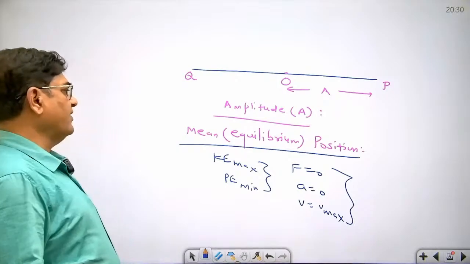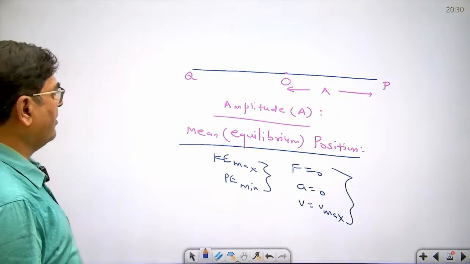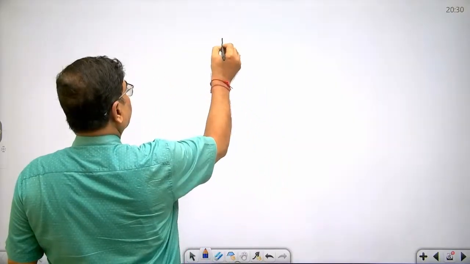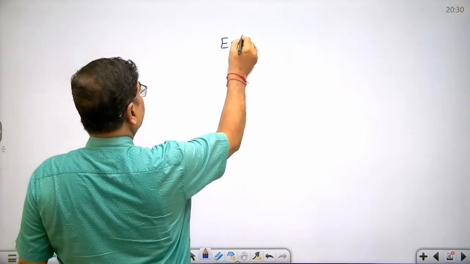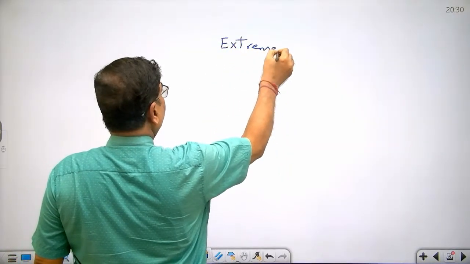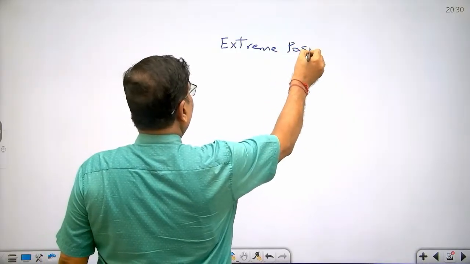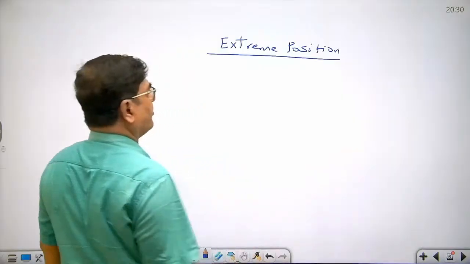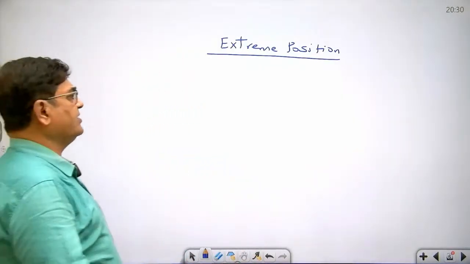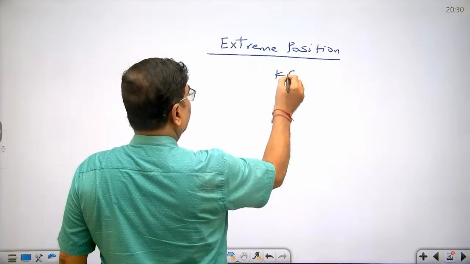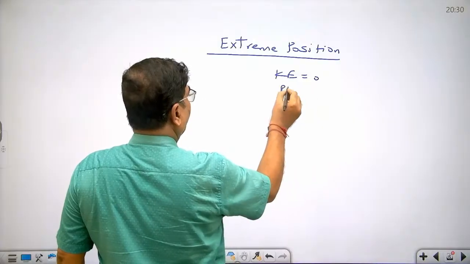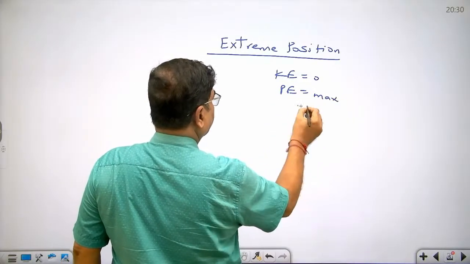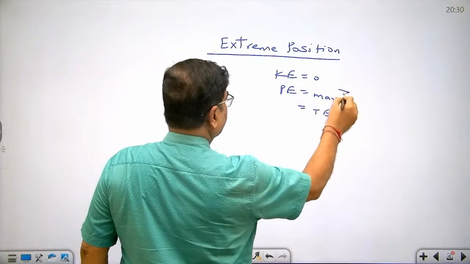These are the cases that refer to the mean position. Now what about extreme position? Extreme position is a position where kinetic energy is zero and potential energy is maximum, or potential energy is equal to total energy in SHM, okay.